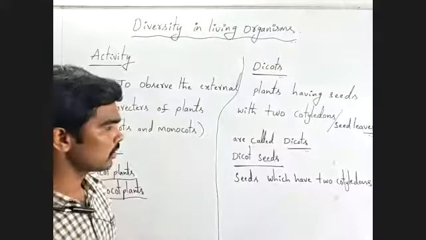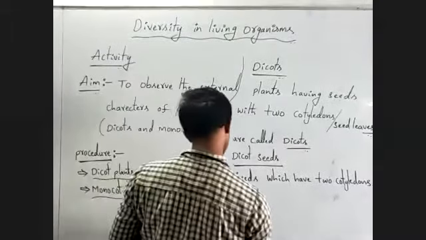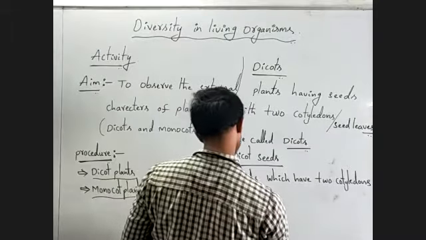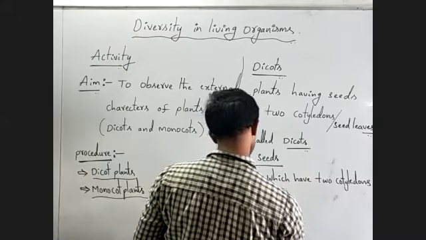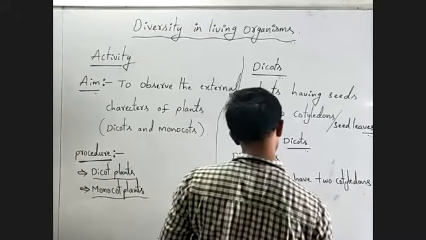How many? Two cotyledons. They are called dicot seeds.